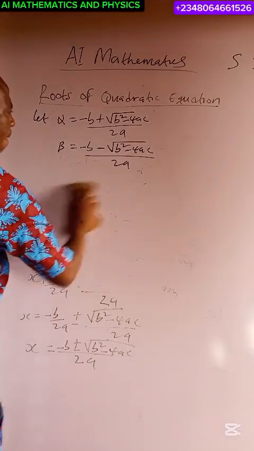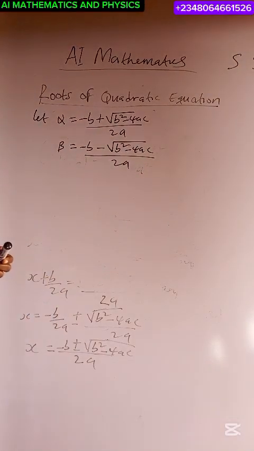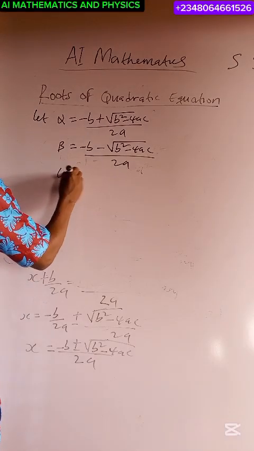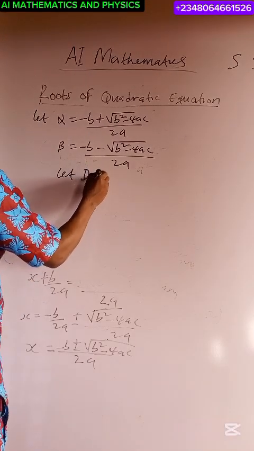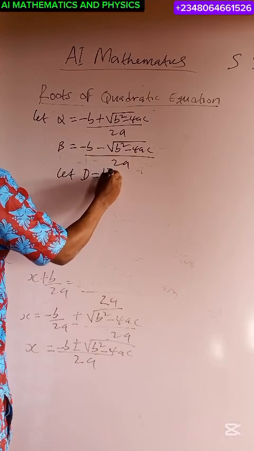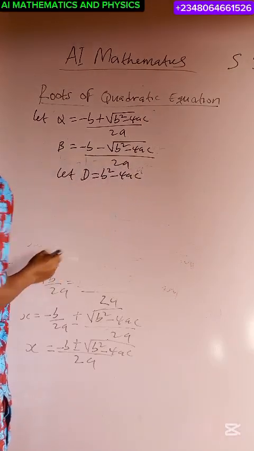Now let D be equal to b squared minus 4ac.